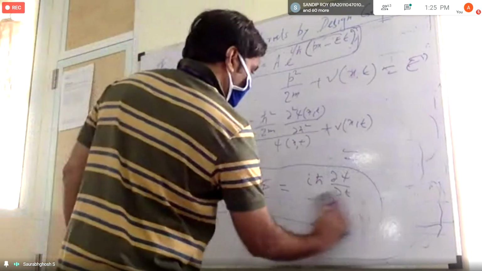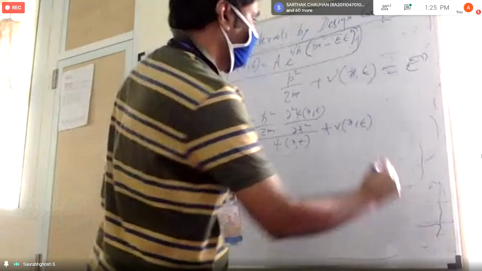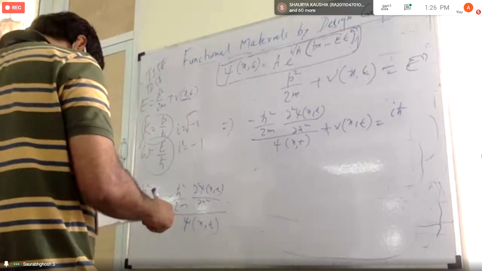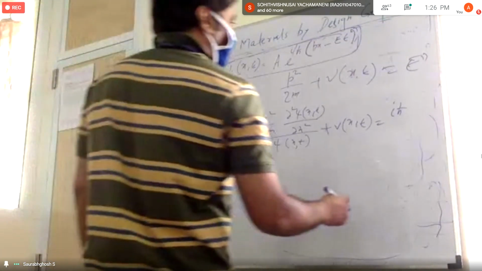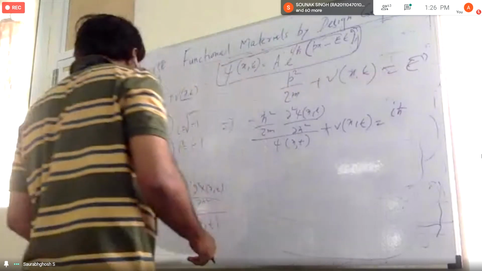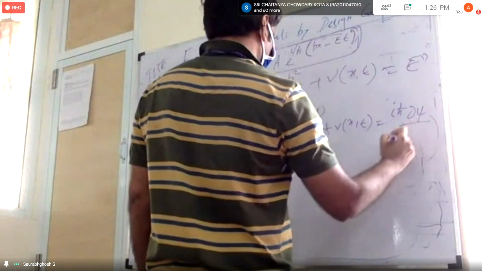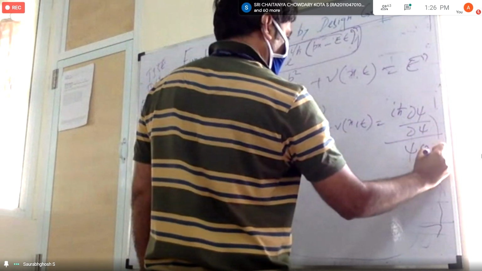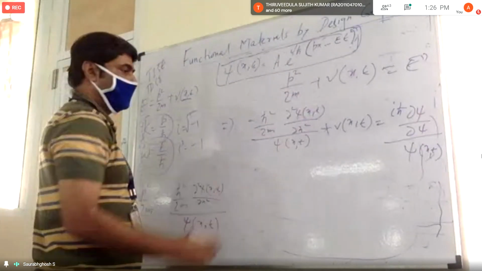So E equals i h cut del psi by del t divided by psi of x,t. Multiply both sides by psi of x,t.